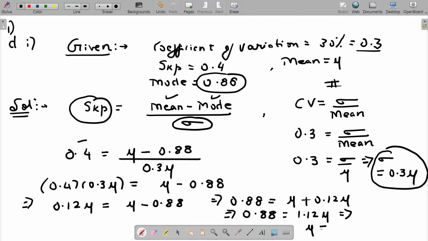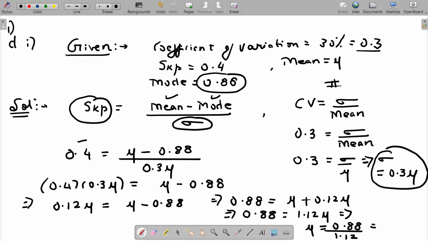So what is my mu? 0.88 over 1.12. If I calculate this, how much is the mean I get? 0.88 divided by 1.12. Okay, so it's coming out in decimals. Let me verify that we haven't made a mistake anywhere.